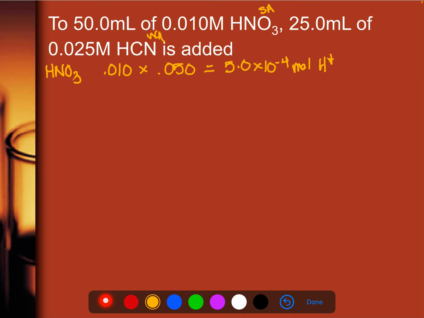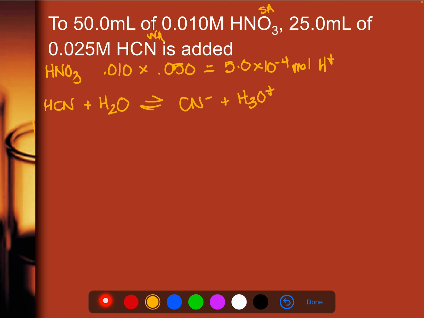If we look at the hydrocyanic acid, that is a weak acid. So remember, weak acids don't ionize completely, so we are going to have to look at how much it ionizes. With the hydrocyanic acid, when it is in water, remember, it gives up a hydrogen, so it will produce those cyanide ions and hydronium ions.